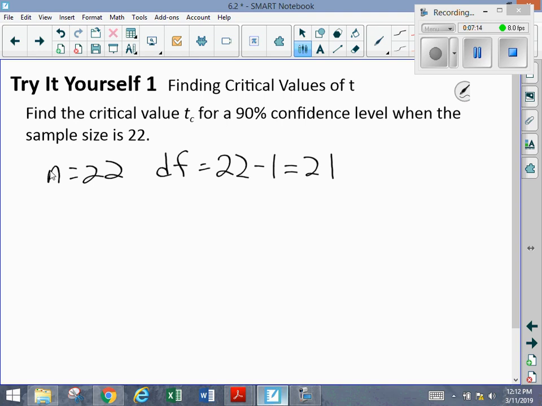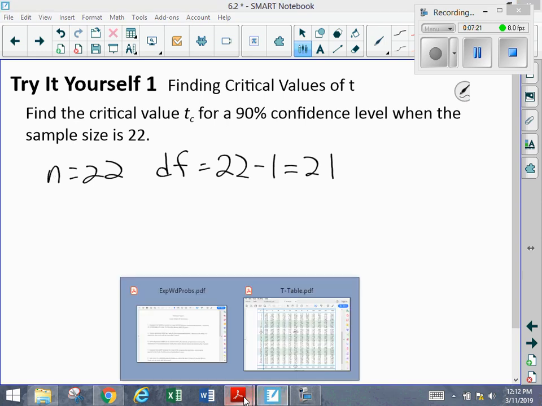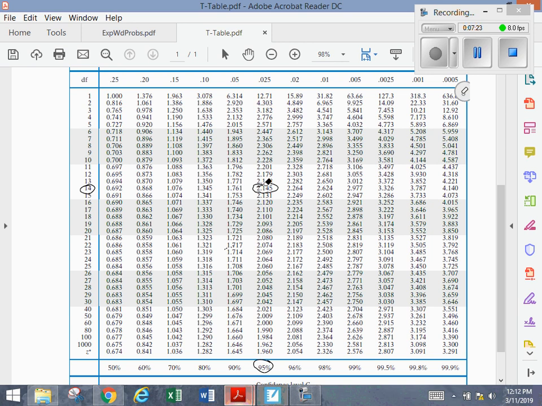So we're going to go to our t table, and we'll line up the 90% and the 21 degrees of freedom. Okay, let's go to 90, and then 21 degrees of freedom. We'll find out where they match. Okay, so 1.721.